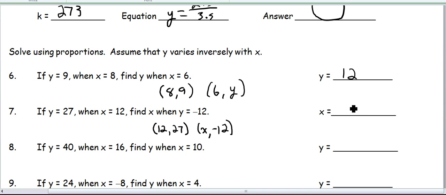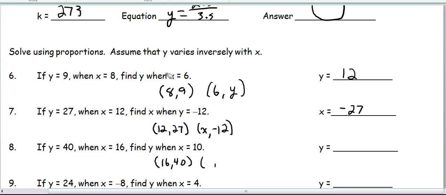And that's negative 27. Negative 27. Again, number 8. y is 40, x is 16. So I can write my coordinates 16, 40. And they give me x is 10.